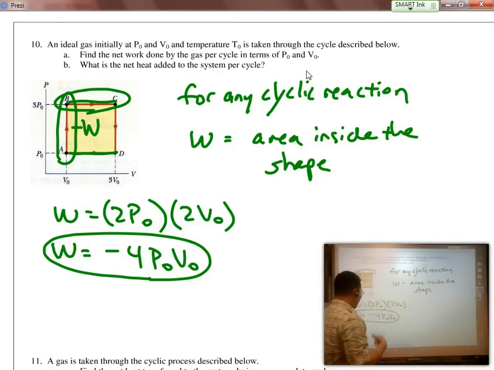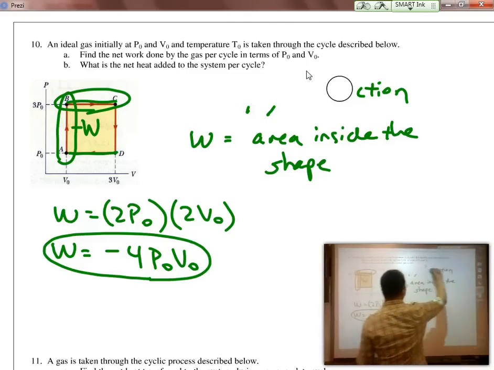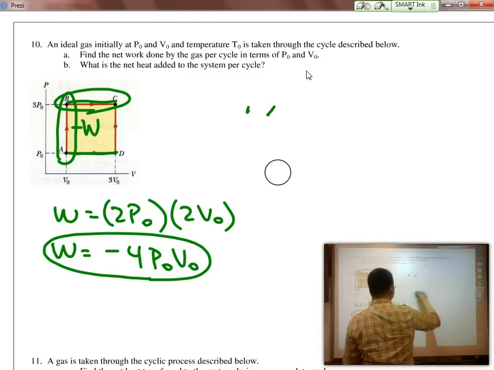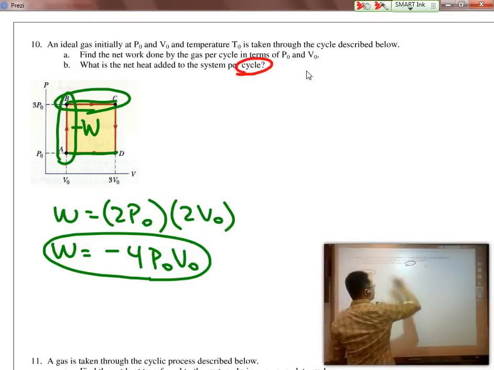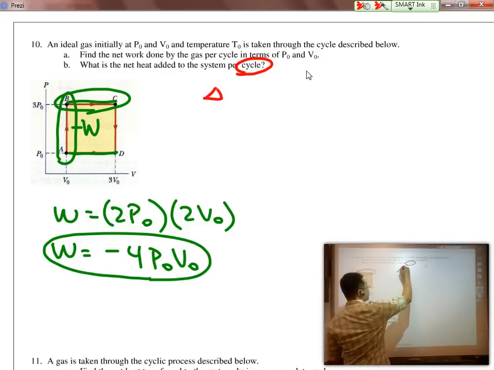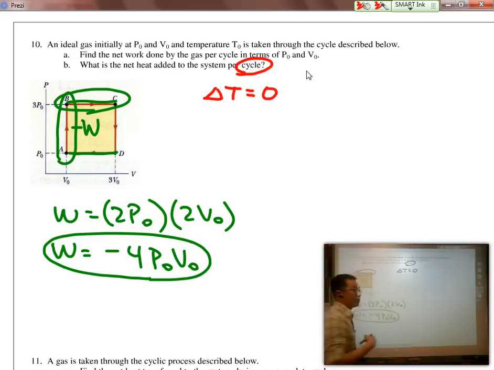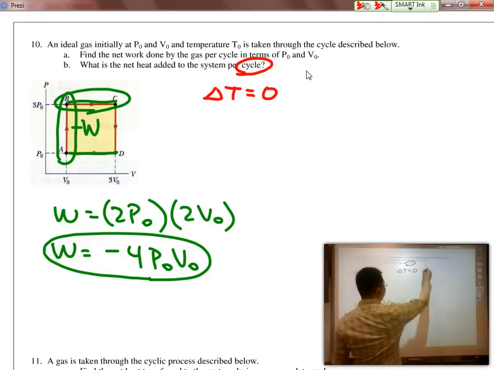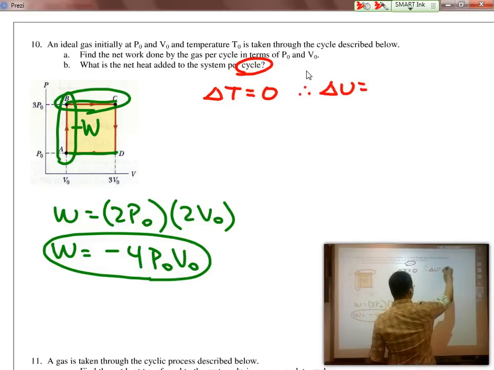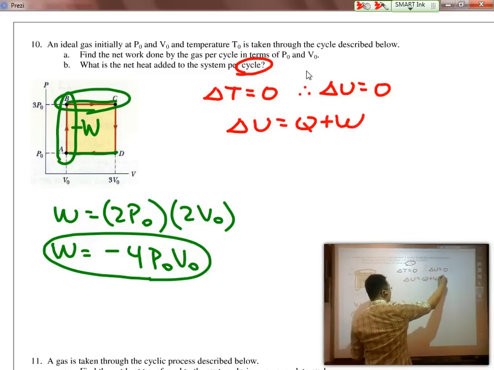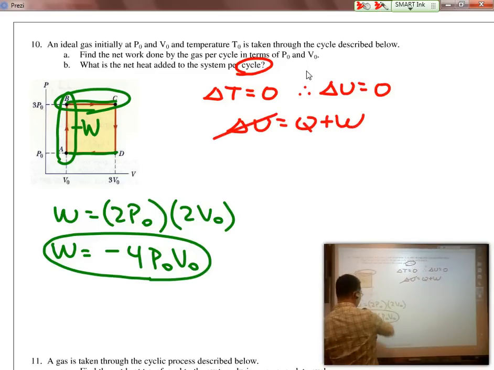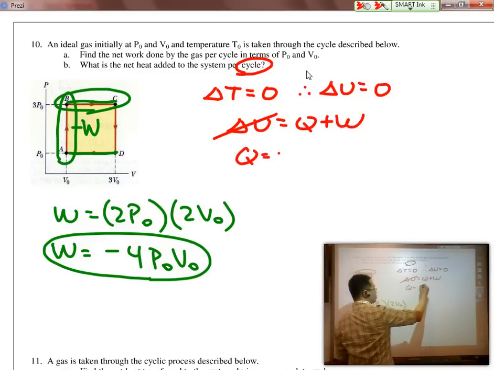But the thing is, how much heat was added to the system per cycle? Well, now that I know my work, and the key word here, of course, is cycle, because during a cycle, delta T is equal to 0 when it goes back to its original position, which therefore means that delta U is equal to 0. So when I do delta U equals Q plus W, delta U crosses out. Q is simply equal to negative work.